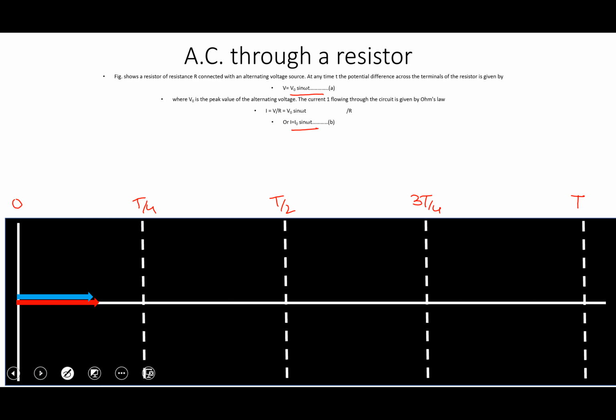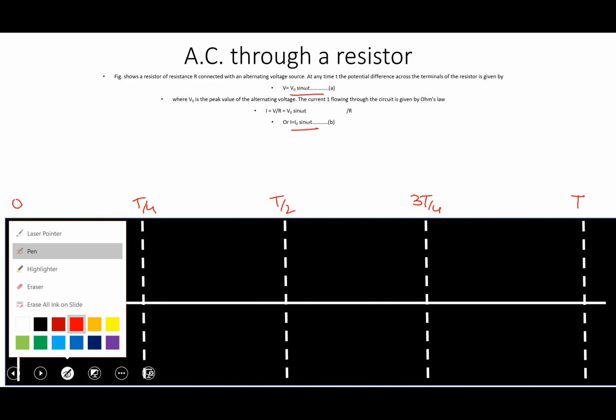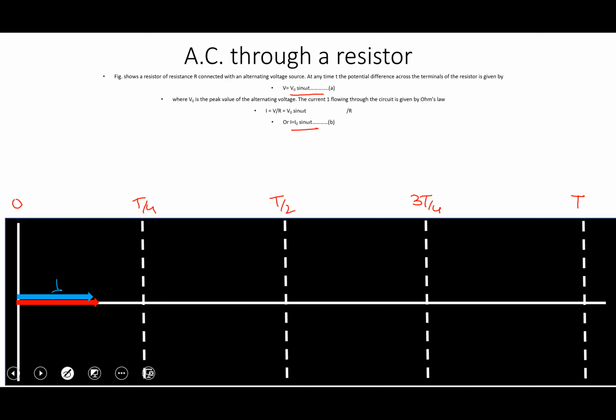The blue line represents the current I, and the red arrow represents the voltage. Again, the same process: we rotate it anti-clockwise, so that at this point the current is 0 because it is at the horizontal position, and the voltage is also 0 because it is also at the horizontal position.